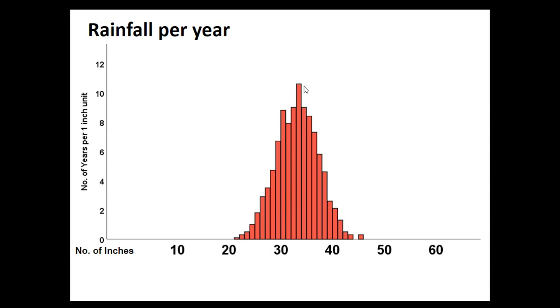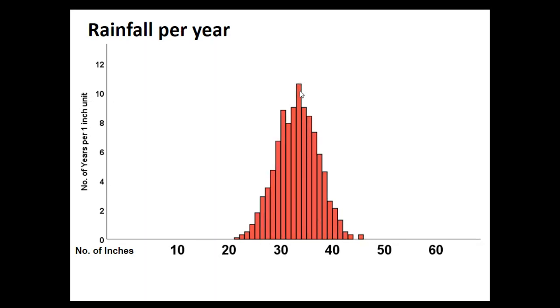So this middle bar shows, let's see, above the x-axis at what? 34 inches. You can see that. That's about 34 inches. And the height of this bar is about 10. So this bar shows there were about 10 years with 34 inches of rain.